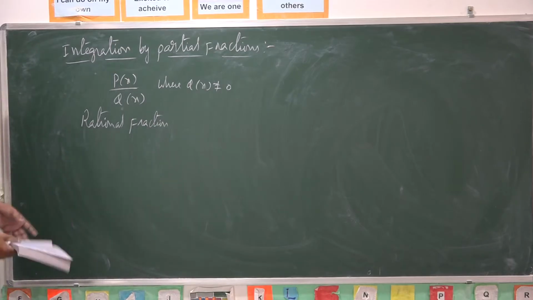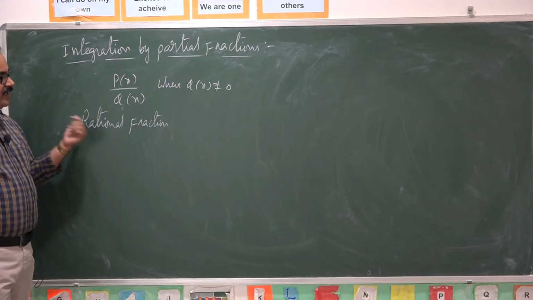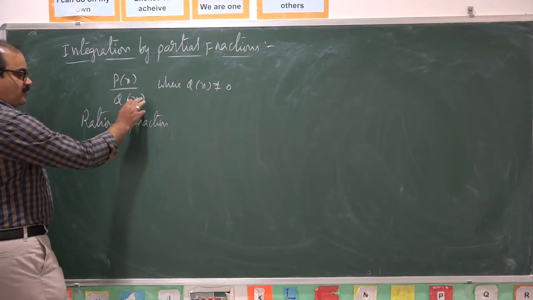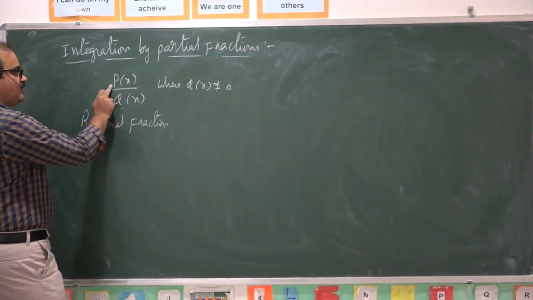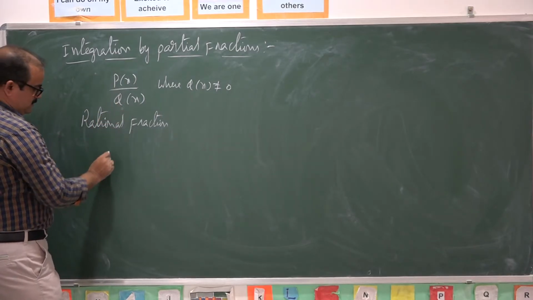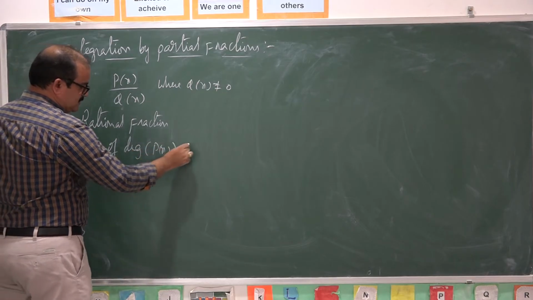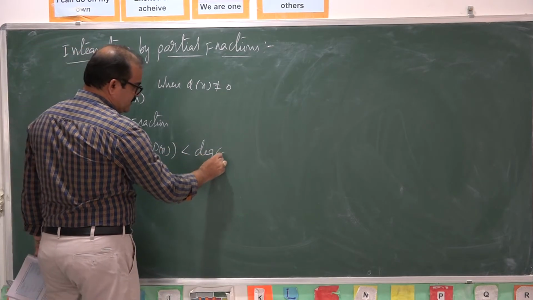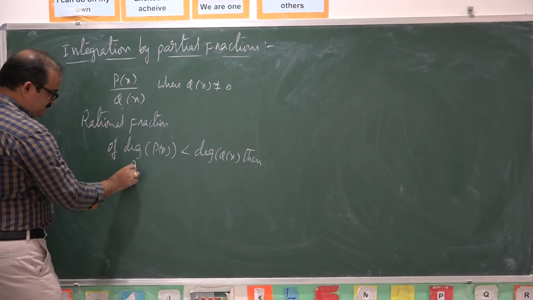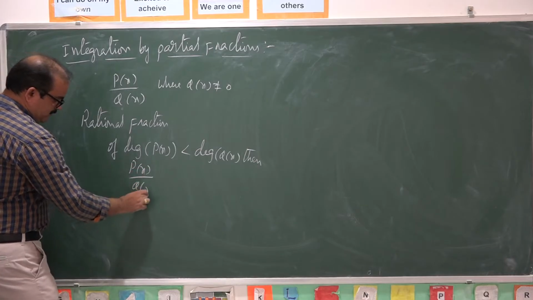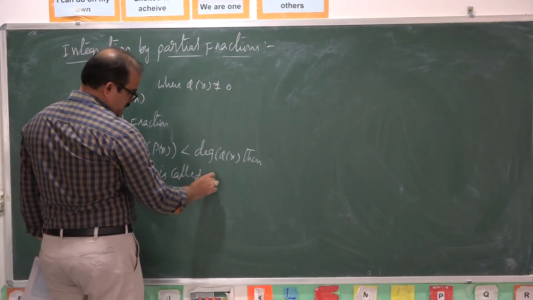Now, rational fractions are of two types: proper and improper. Now we discuss what is meant by proper and what is meant by improper. If degree of p of x is less than degree of q of x, then this p of x by q of x is called a proper fraction.